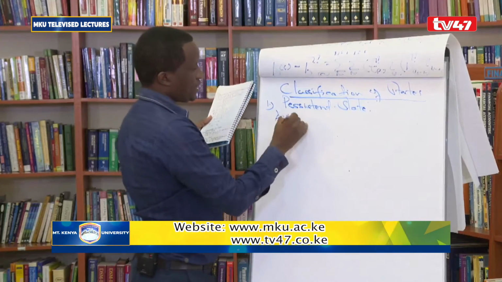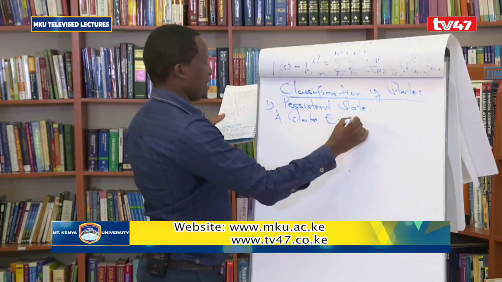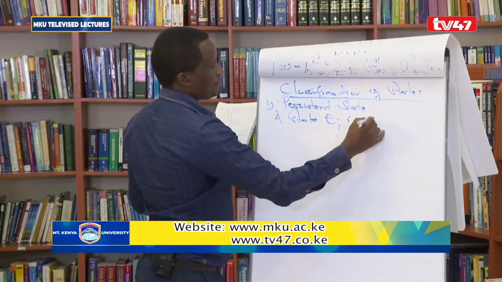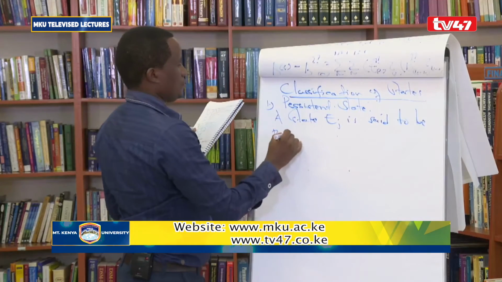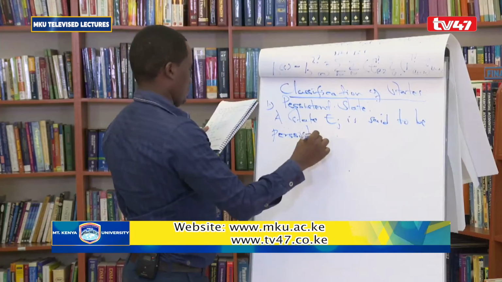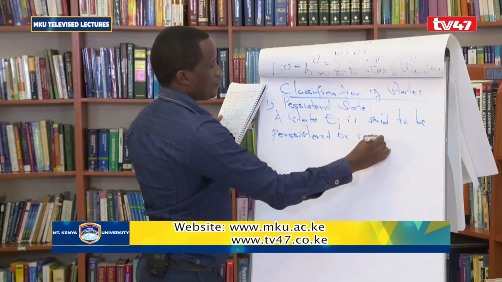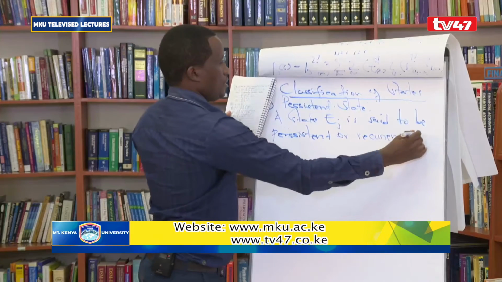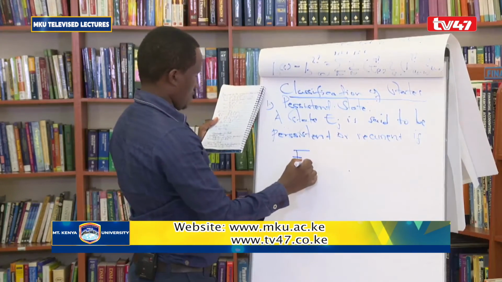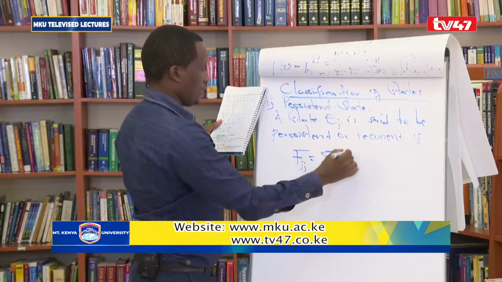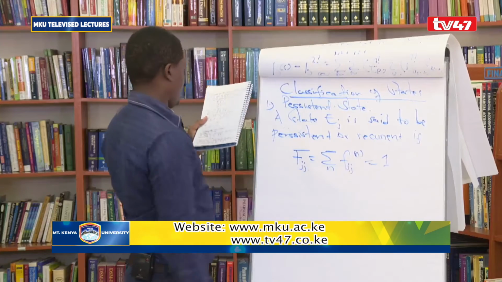A state E_j is said to be persistent or recurrent if capital F_jj, which is equal to the summation over all n of small f_jj^(n), is equal to 1.